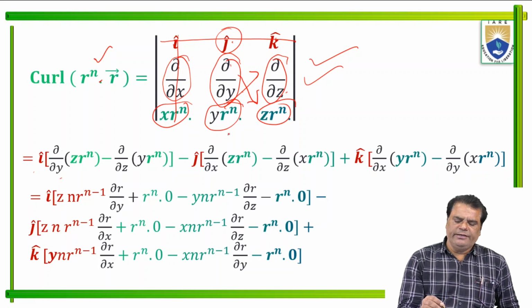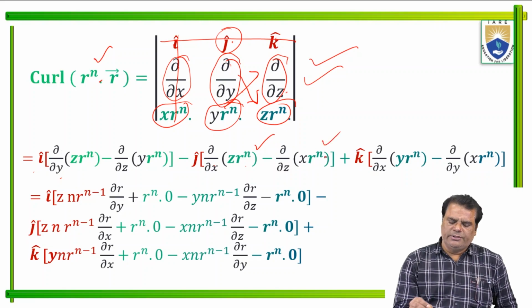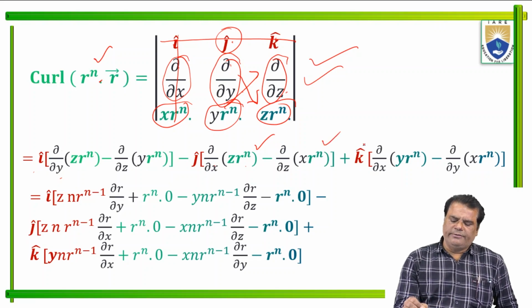So minus j, and first row and second column eliminate. Multiply this to this, cross multiply. So dou over dou x, z r to the power n minus dou over dou z, x r to the power n, plus third again k.